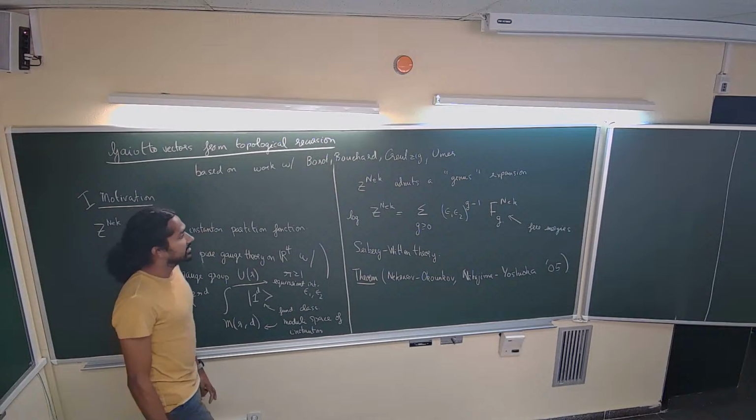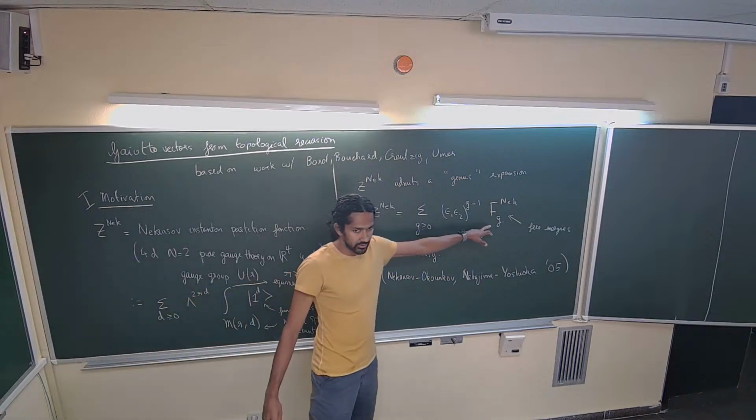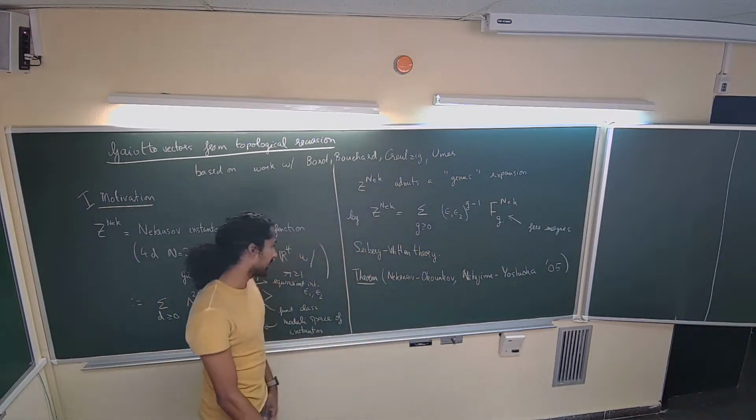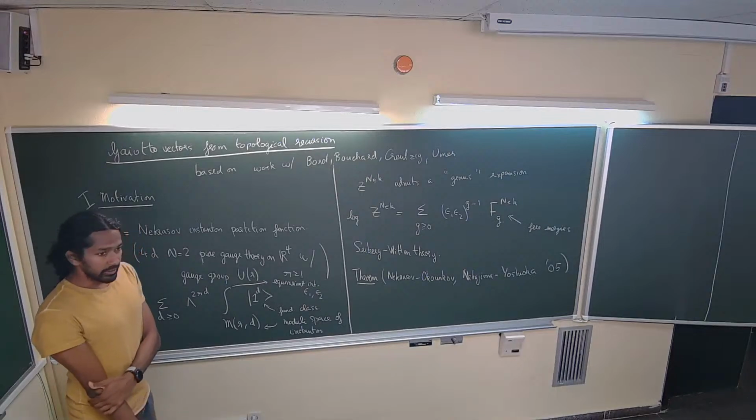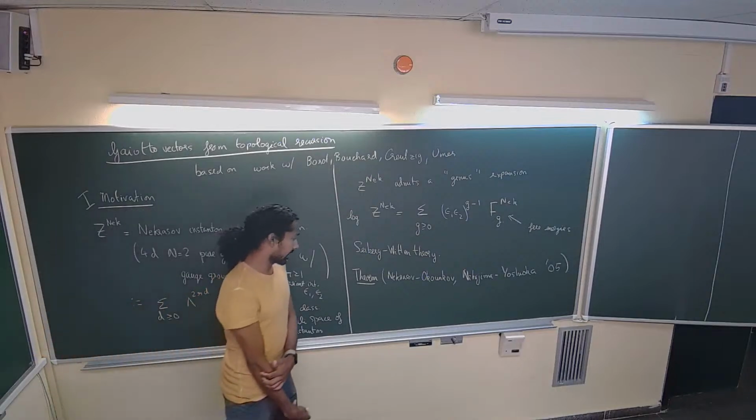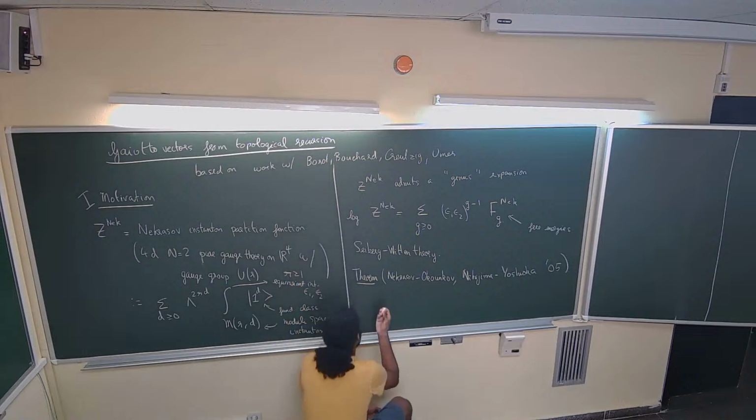And what it says is that this leading term, F_0, the genus 0 part of this thing, is an object that can be computed purely from the geometry of a certain curve called the Seiberg-Witten curve.